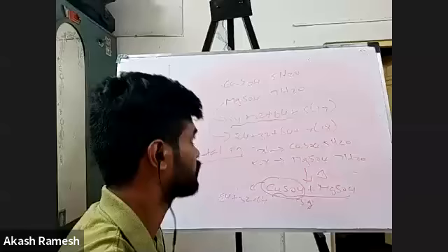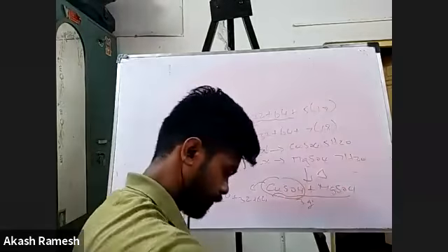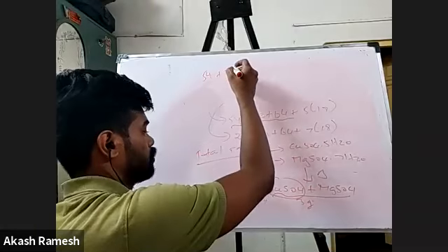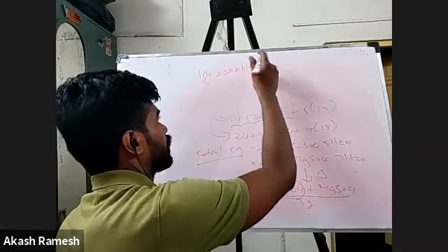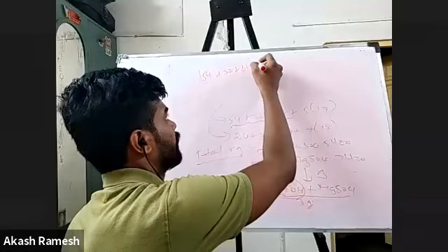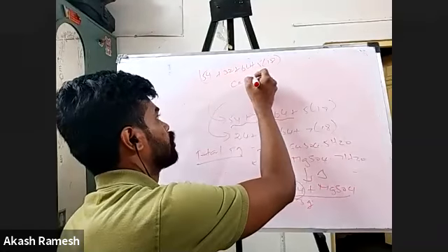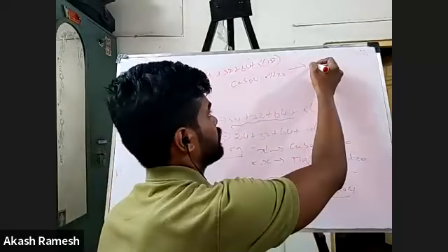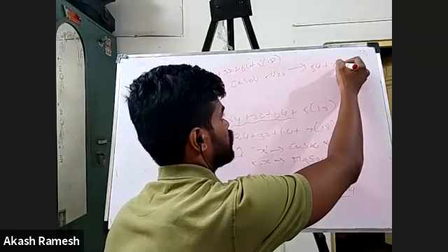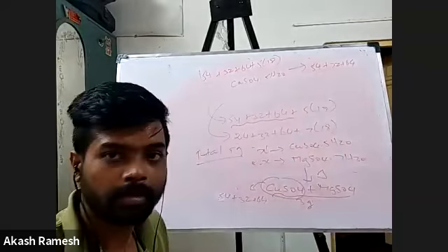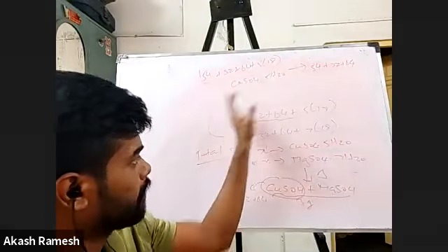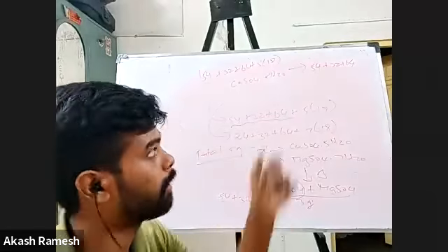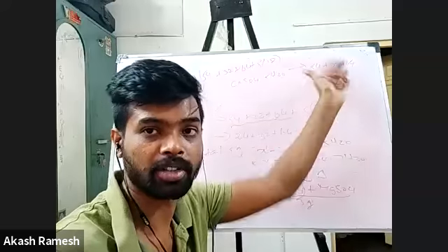So how can I put it, if I have this much grams, that is 64 plus 32 plus 64 plus 5 into 18 grams of CuSO4.5H2O, and in that anhydrous CuSO4 is how much? 64 plus 32 plus 64. Guys, did you understand what I'm saying? I'm telling, if I have the total molecular mass of CuSO4.5H2O, the anhydrous CuSO4 part is this much, 64 plus 32 plus 64. Correct?